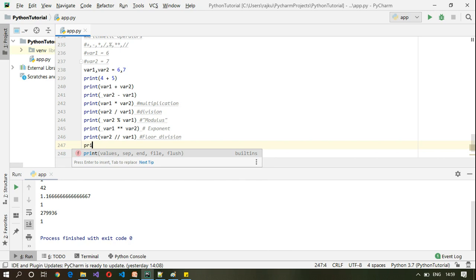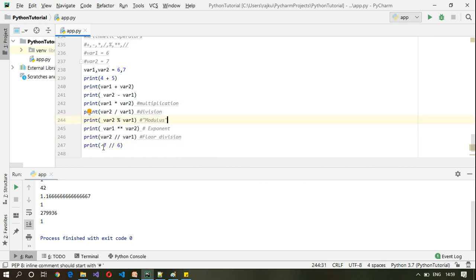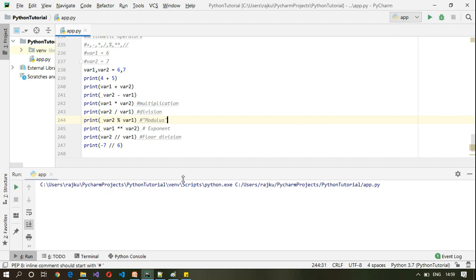Let us take another example of floor division in case of negative values. Suppose I have var2 as minus 7, floor division 6. So var2 is a negative value and var1 is a positive value. Let me execute this.